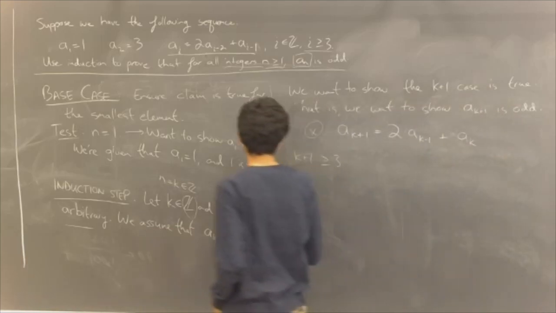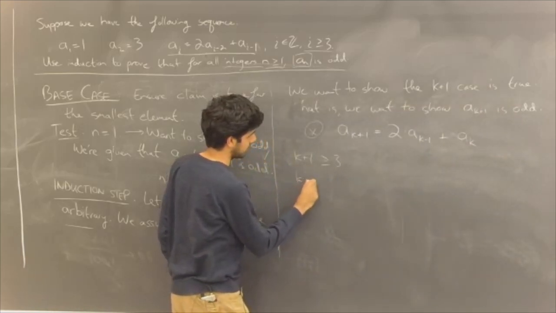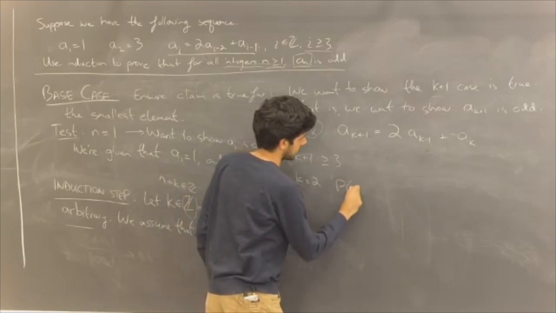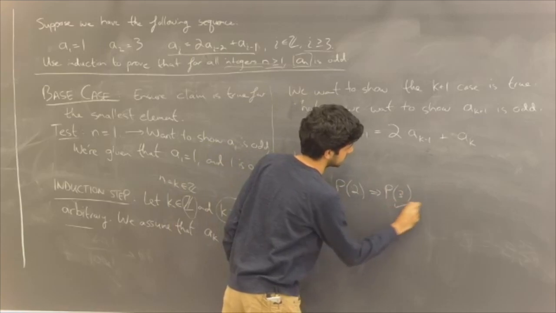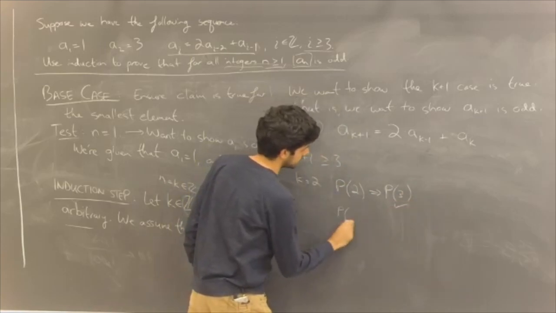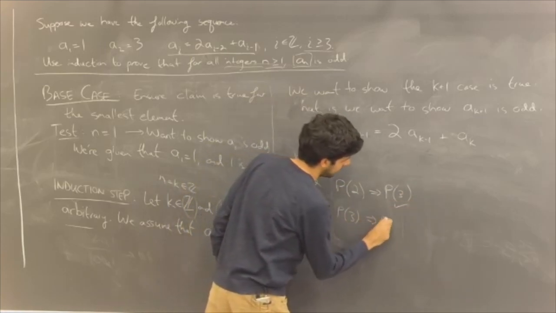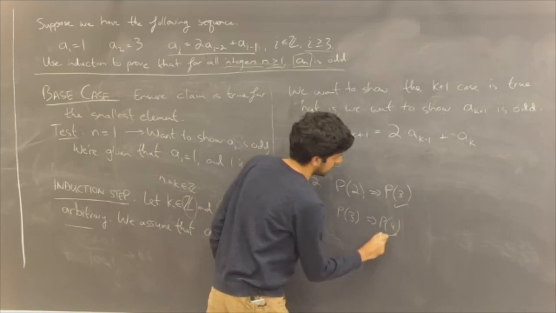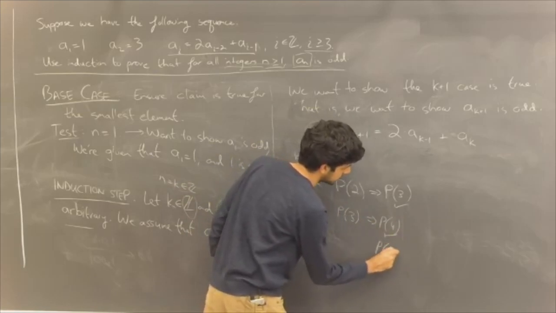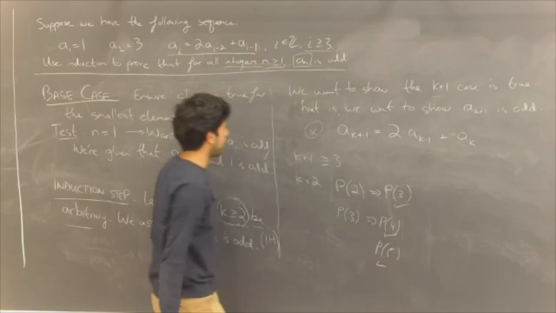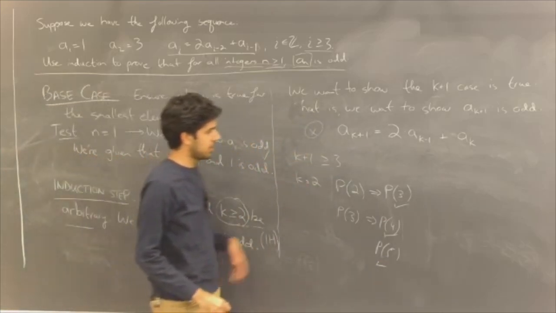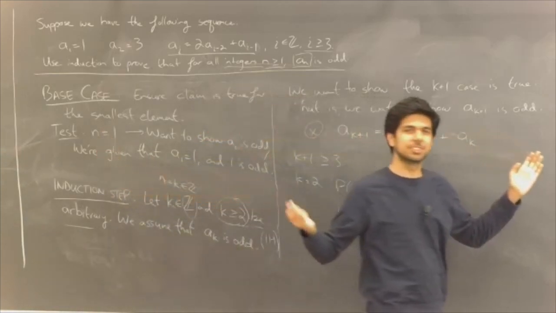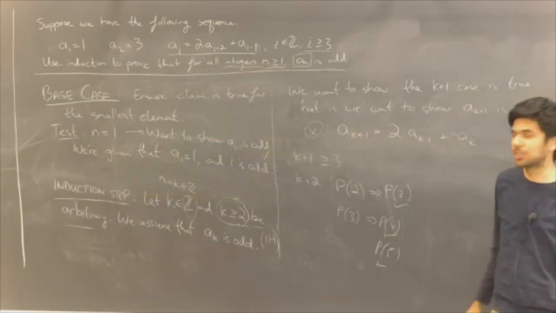So if k is equal to 2, we would hopefully show that p of 3 is true. And then p of 3 would imply p of 4, and then p of 5 would be true. And in the base case, we've only shown that p of 1 is true. But we never showed that p of 2 is true.